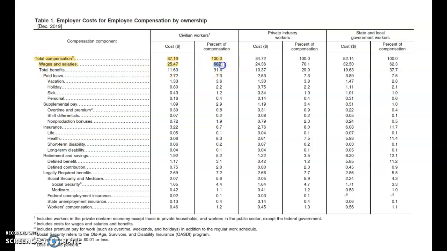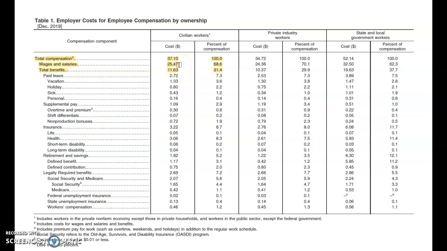That makes up 68.6% of compensation. And then they're breaking it down again into total benefits, which is $11.63 and 31.4%. This plus this should equal this, and this plus this should equal this. There could be rounding differences, but for the most part, you're just breaking down into slices of the pie. So the pie is $37.10.